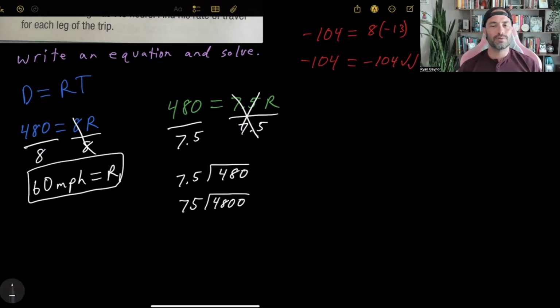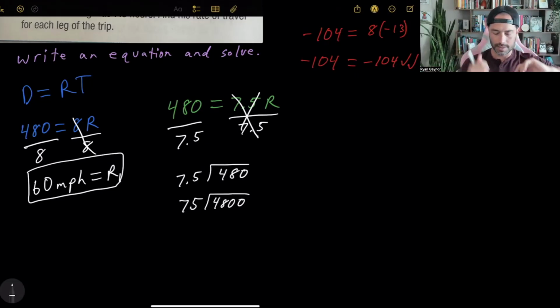So I have to move it over one place, which means I just add another 0. Okay, so now we're doing 75 into 48, but that doesn't work because 75 is bigger than 48, so we've got to do 75 into 480. We'll start there. So let's go 75 plus 75, that's 150. And then we do another 150, that's 300. And then we do another 150, that's 450.